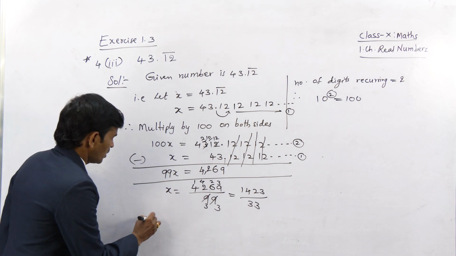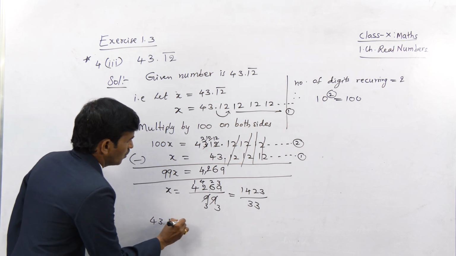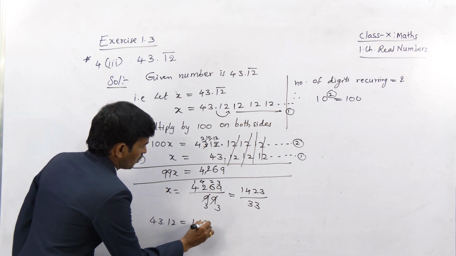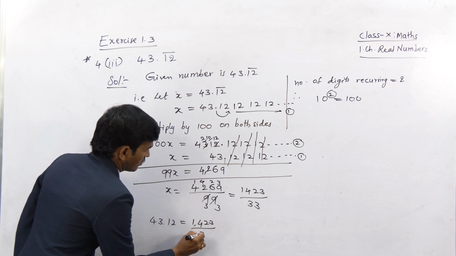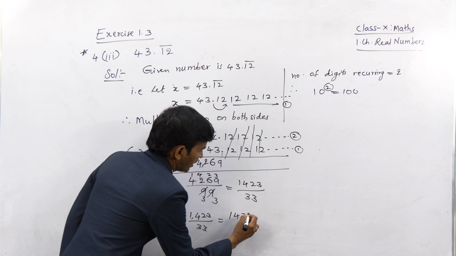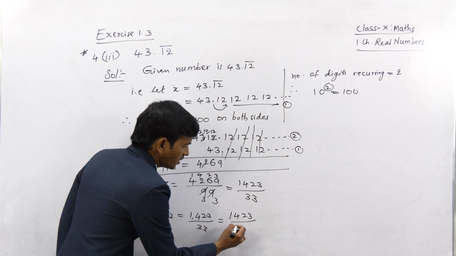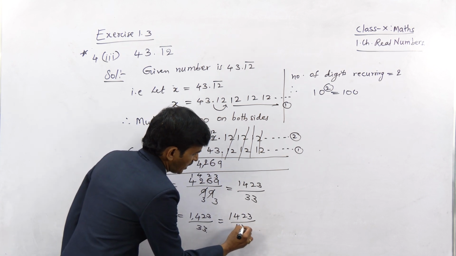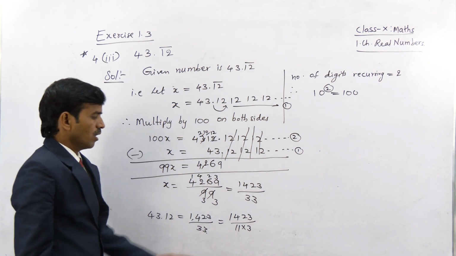So 43.12 bar is equal to 1423 by 33. Let's check its denominator by writing its prime factors. 33 can be written as 11 into 3.